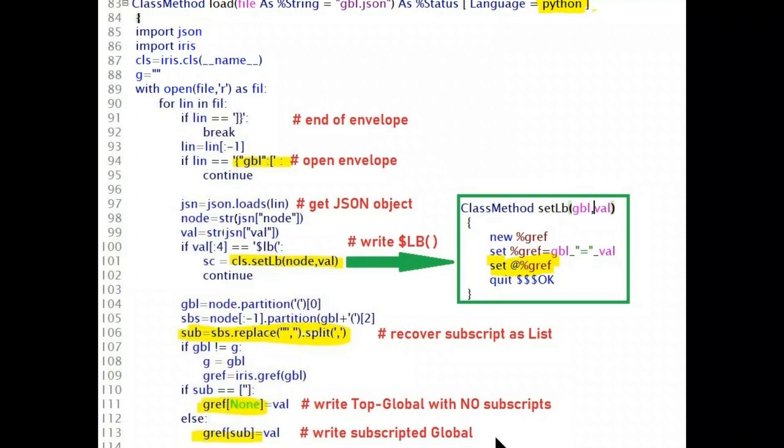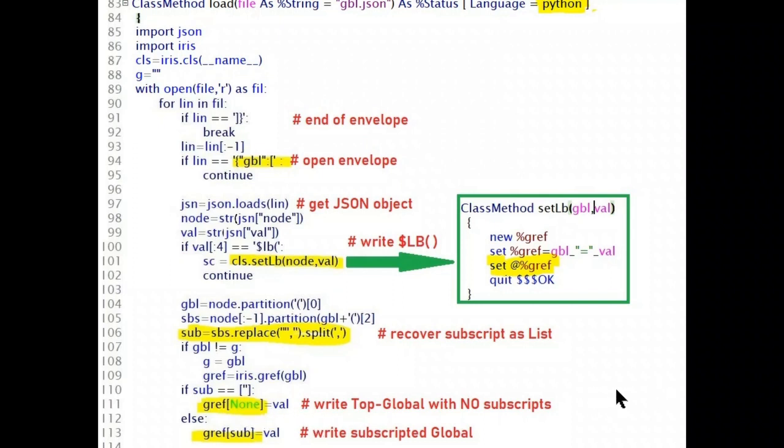And you write your subscript. The special case is if you have no subscripts, which is the case at the top level, where your value is a null string. But a null string is not allowed as a list. So you have to explicitly write None to say, okay, I want to touch the top level.